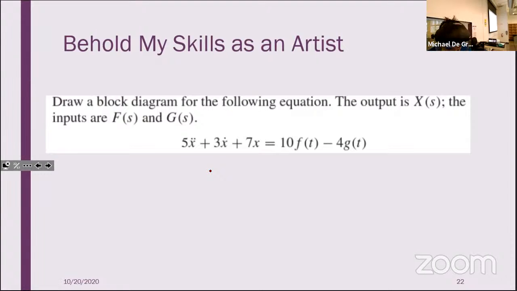So let's start by making a transfer function, right? So I'll put my D operators in. You'll notice that I take the of t off when I'm doing these, just because there's no real reason.